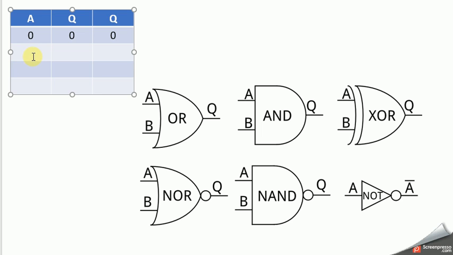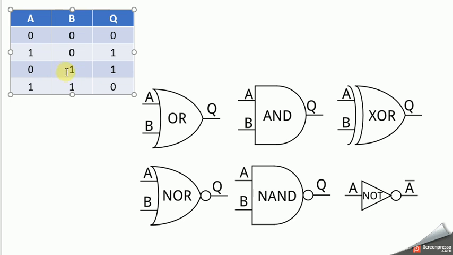If I did A as being 1 and B as being 0, the output is going to be 1. If this is 0, this is 1, the output is going to be 1. If this is 1, this is 1, the output is going to be 0.